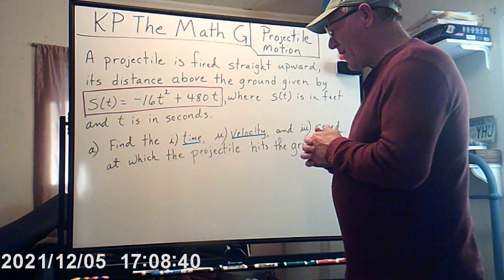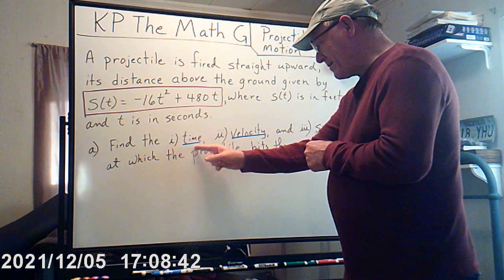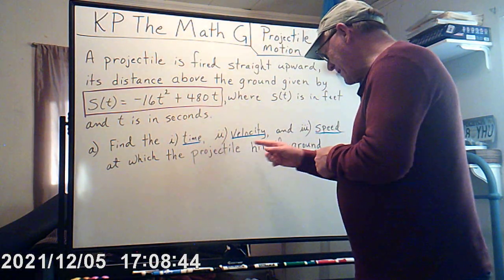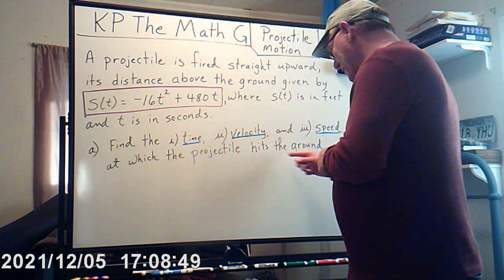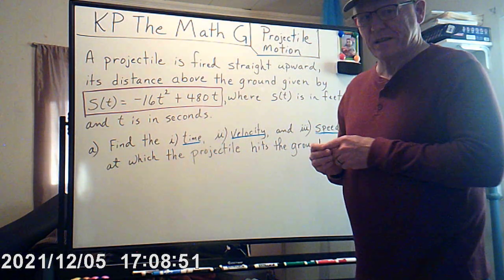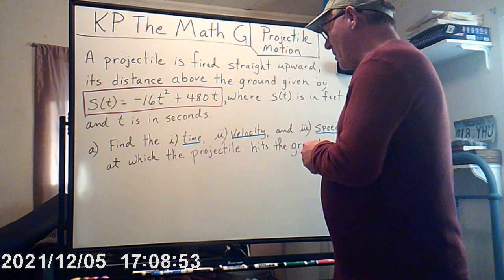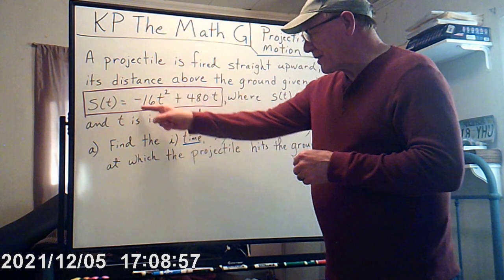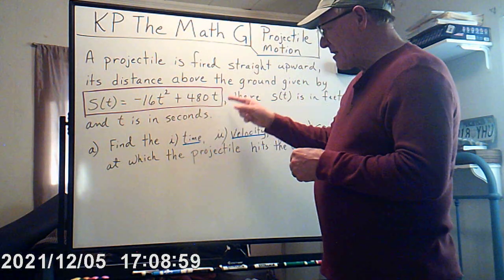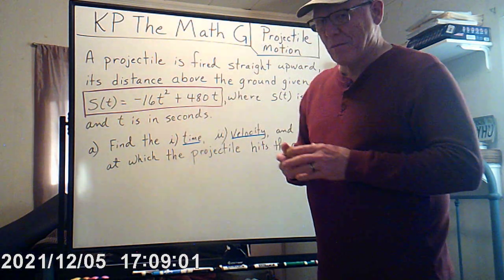Part (i) says find the time, velocity, and speed at which the projectile hits the ground. As you can tell just looking at this, it is a parabola.